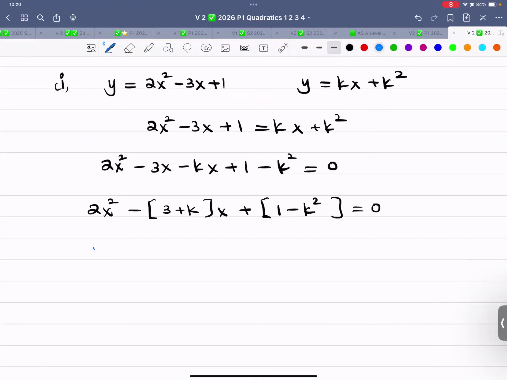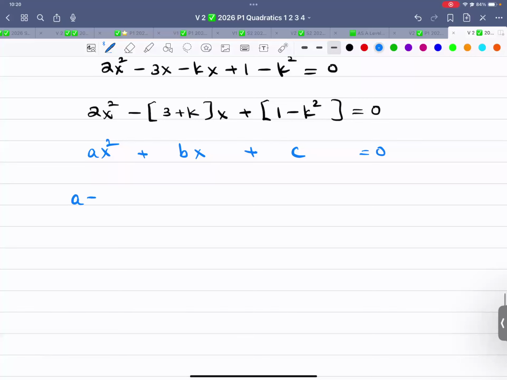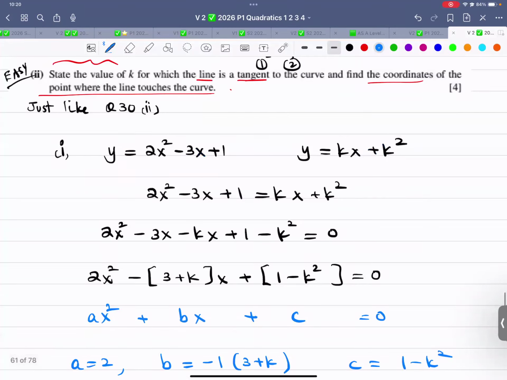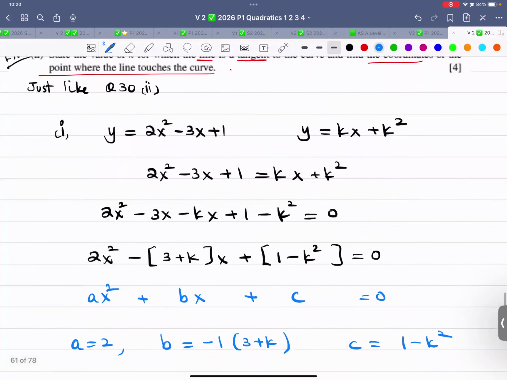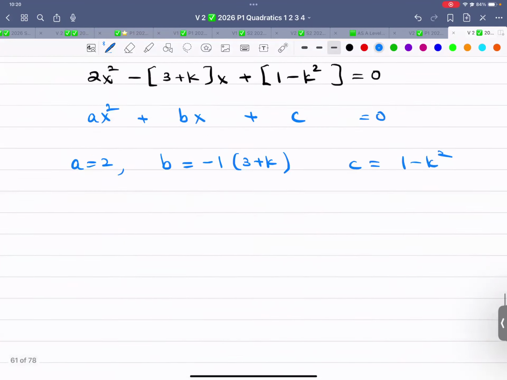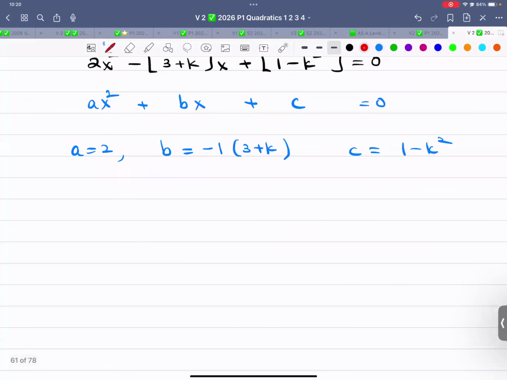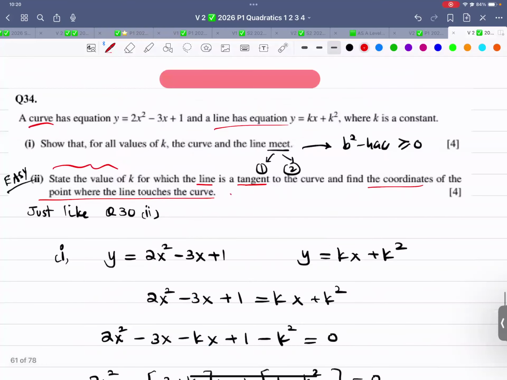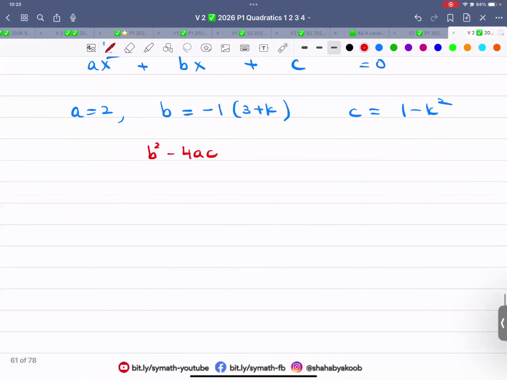Underneath it, write ax squared plus bx plus c equals 0. a is 2, b is negative (3 plus k), c is 1 minus k squared. Now, what do I need to do? It says line meets the curve, so evaluate b squared minus 4ac. So b squared minus 4ac, we have to show that this will either be greater than 0 or equal to 0. So let's prove it out.